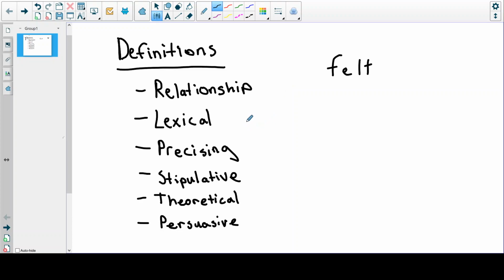Next is lexical arguments. This is mainly to reduce ambiguity, which means that you need to reduce the unknown factor. This is a situation where, with felt, you would eliminate the ambiguity, where it could be two different definitions. So lexical arguments take out an unclear definition.